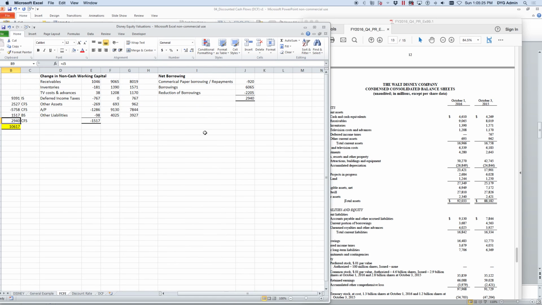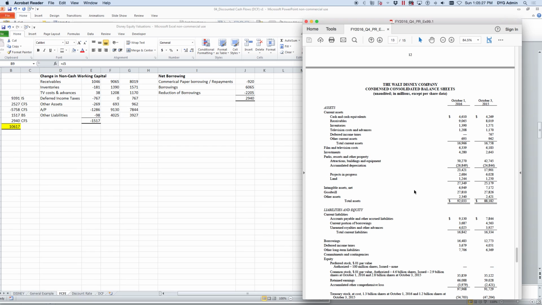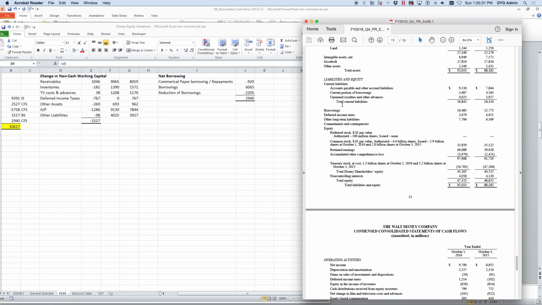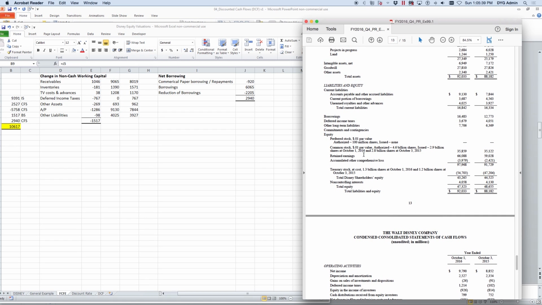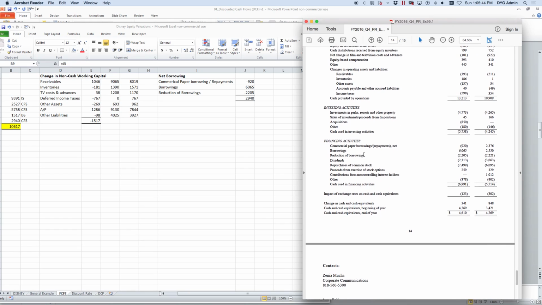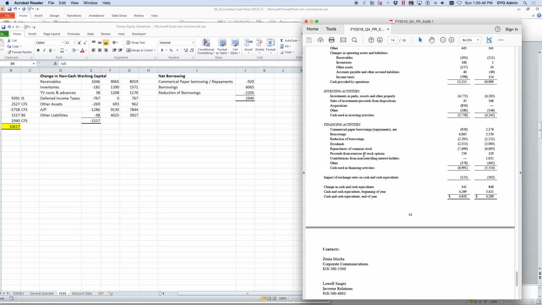I've gone over here and done that. And again, you can go to the balance sheet for that and look down at the liabilities. Actually, I'm going to go down to the cash flow statement because it's a little bit cleaner there.